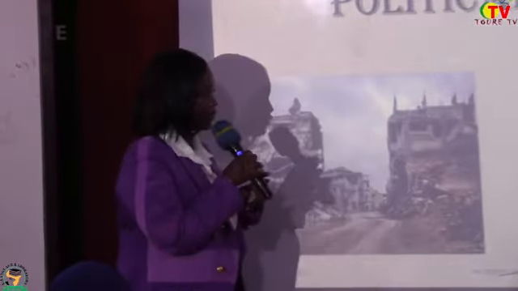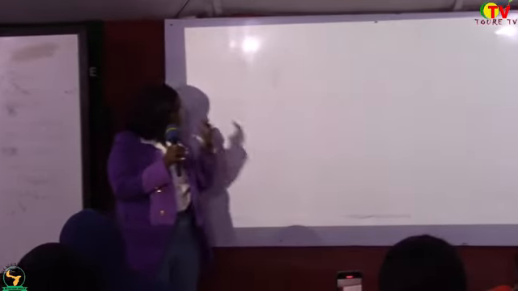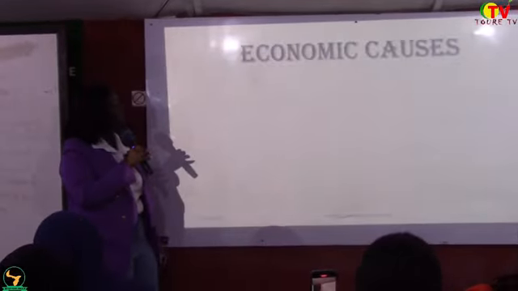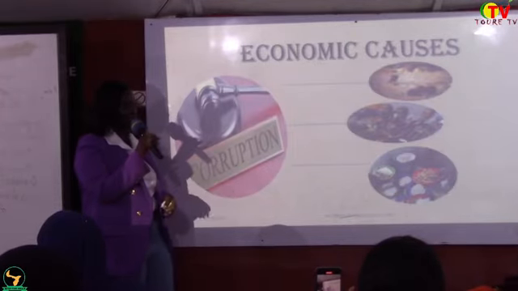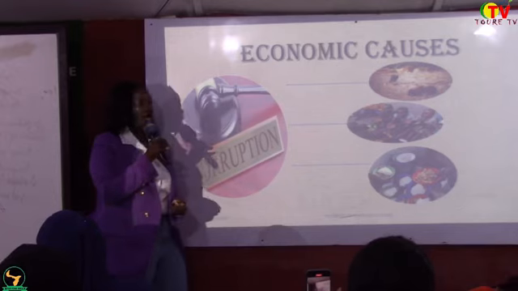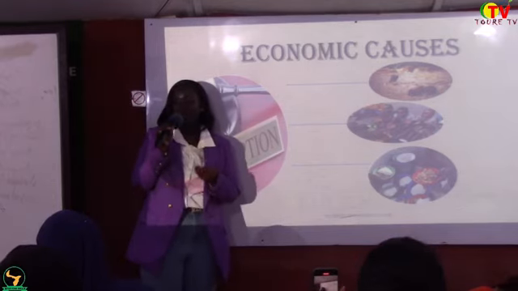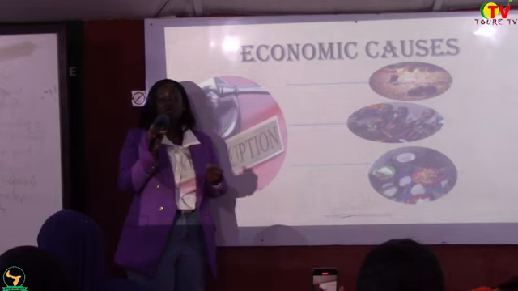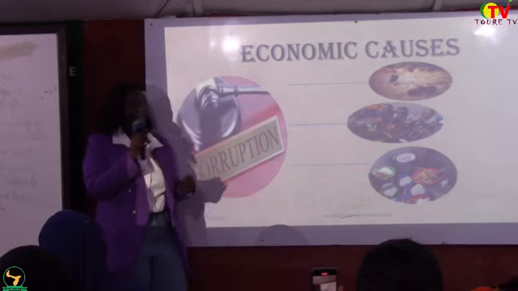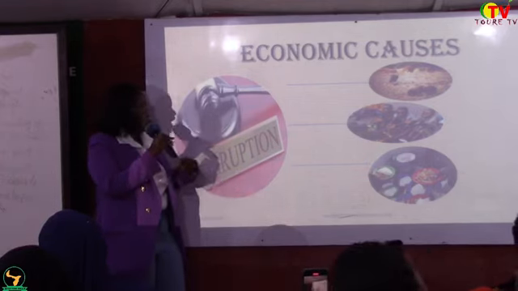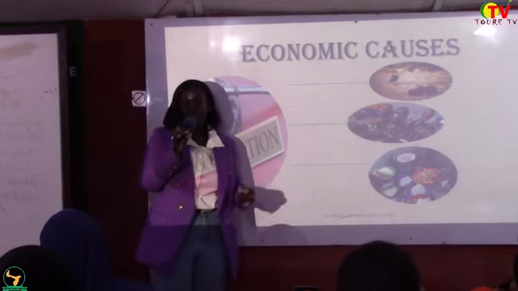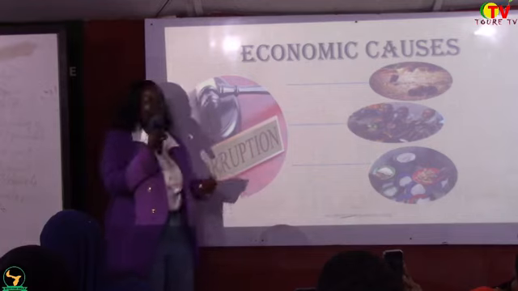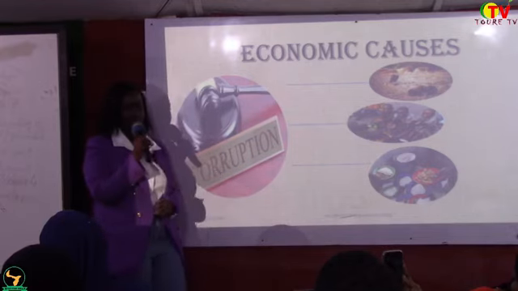So let's move on to the economic causes. Hunger can also stem from economic causes, such as poverty. Poverty can limit the individual's access to adequate food due to lack of purchasing power. People may not be able to afford nutritious food, leading them to malnutrition and hunger. Secondly, we have currency devaluation.